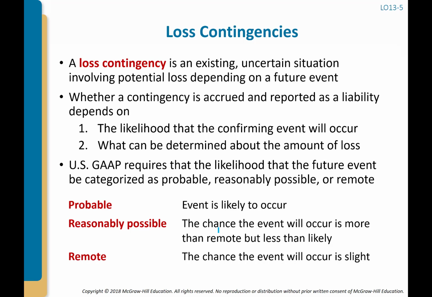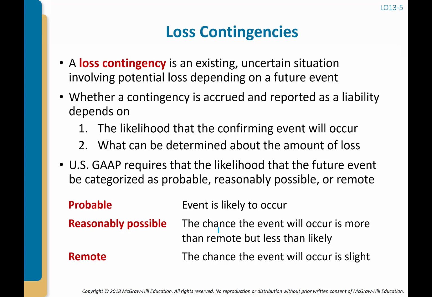The rule of conservatism says you have to book a loss immediately. Now what happens? If it is probable that the loss will occur, we will have to make a journal entry for that. It means the event is likely to occur, and if we can estimate the amount of that loss, we will have to book that loss.